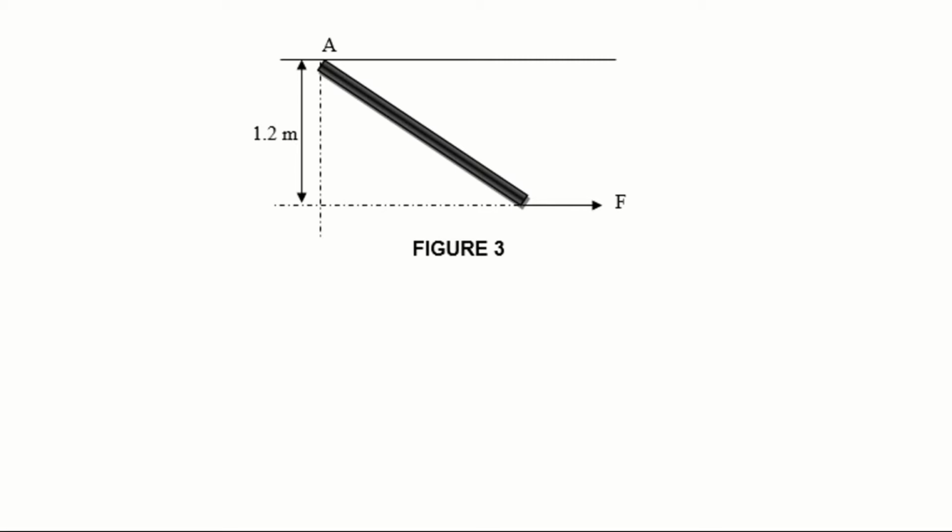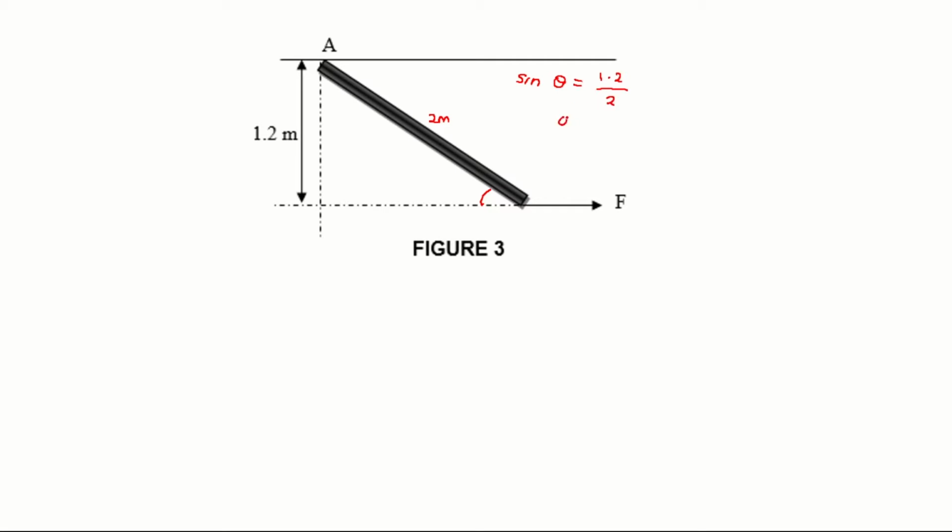So first step, we know that the length of this plane is 2 meter. So we can calculate angle theta here. We use sine theta equals 1.2 divided by 2 meter.